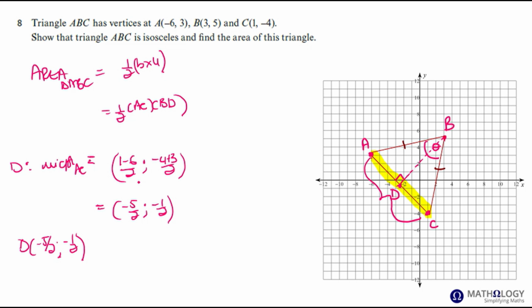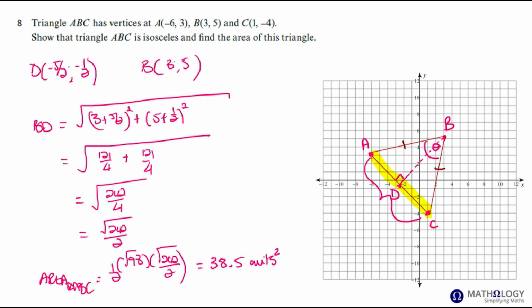We can also determine the area of triangle ABC by first dropping a perpendicular from B to AC, such that obviously BD is perpendicular to AC. Doing so divides triangle ABC into two congruent triangles ABD and BDC, and therefore D is the midpoint of AC. So we'll first determine the midpoint of AC, which is D, and that means D is the point (minus 5 over 2, minus 1 over 2).